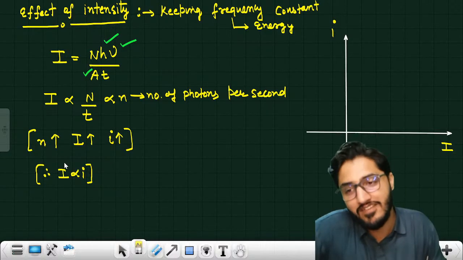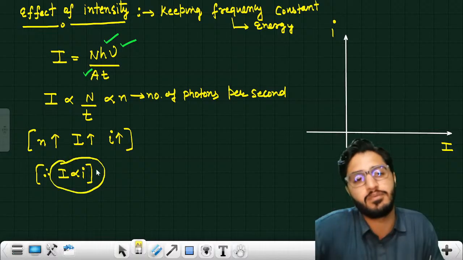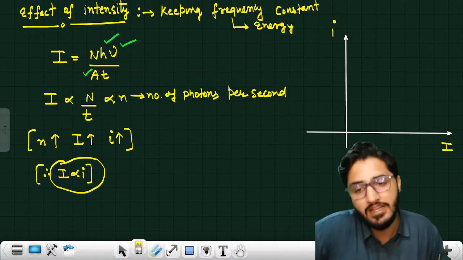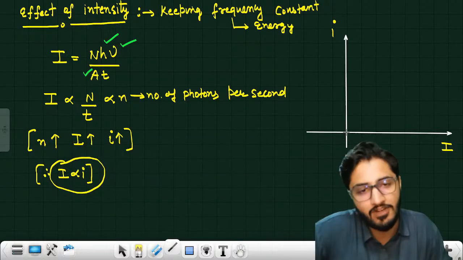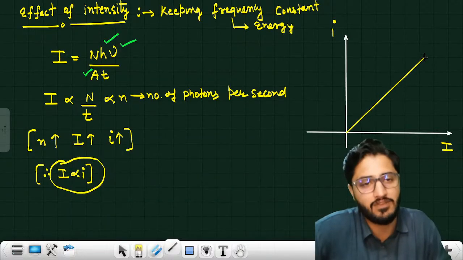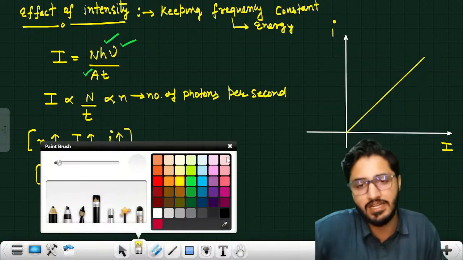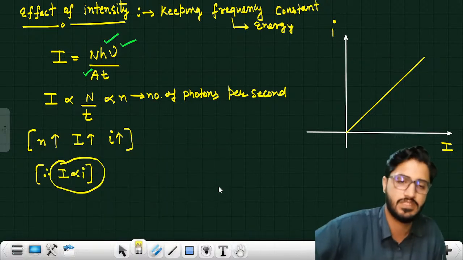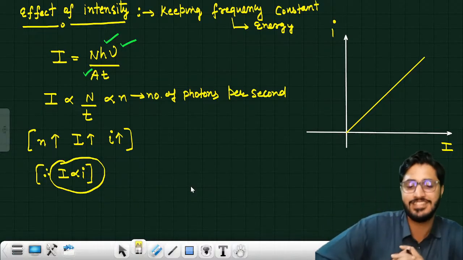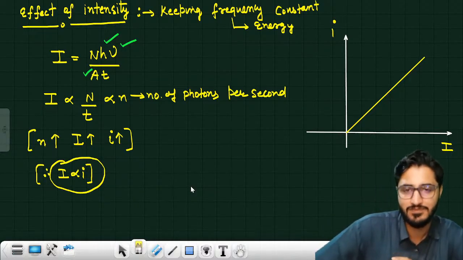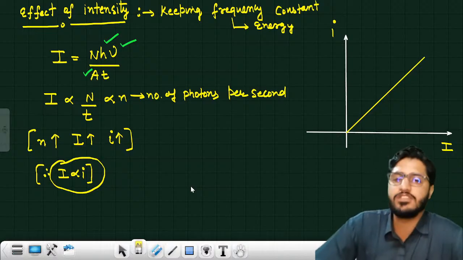Look, we have here intensity and current. So my graph will be between intensity and current. And if it is directly proportional, my graph will be straight. This is my graph. Straight line graph. Okay. So these graphs you need to remember.